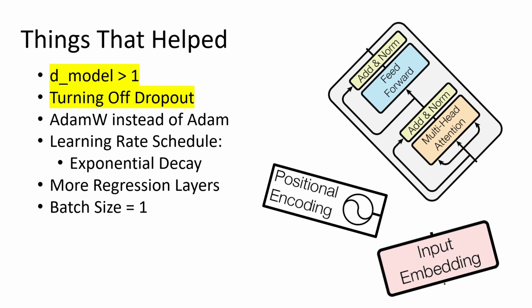The other major hiccup that I hit was I left dropout on for the transformer class, as well as some self-implemented dropout, and this really made it difficult to fit the model.